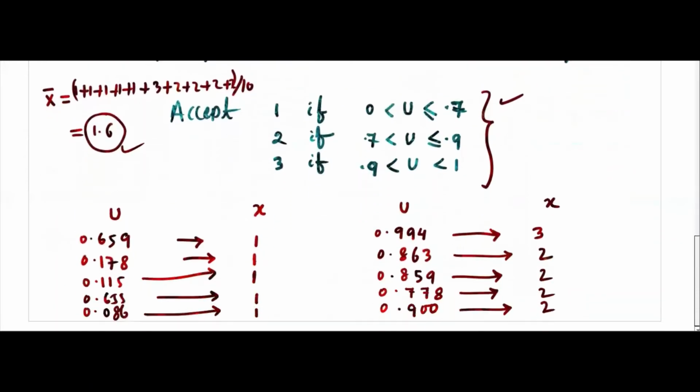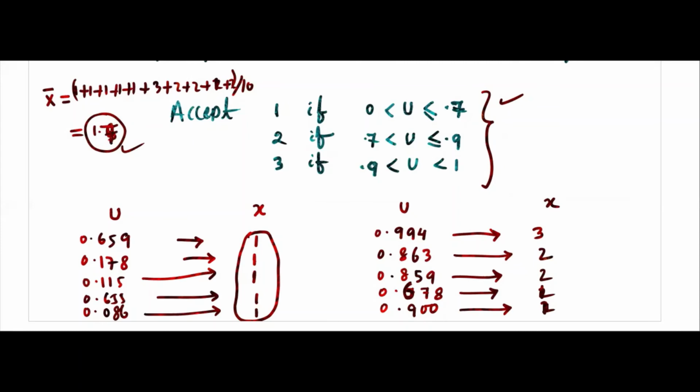If I change only one 2 to 1, suppose this is 0.778 and I get 0.678 by chance, it will be 1, and then this will be exactly equal to 1.5. Out of 10, I expected 7 ones, but I got 5.